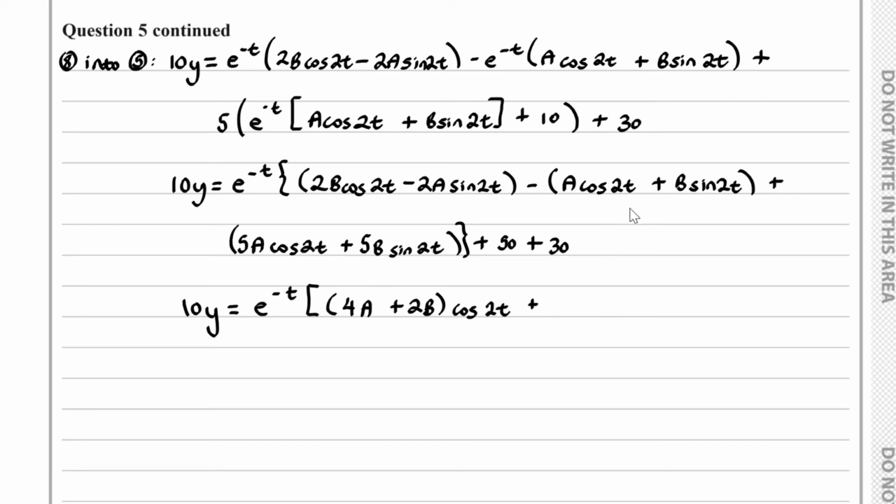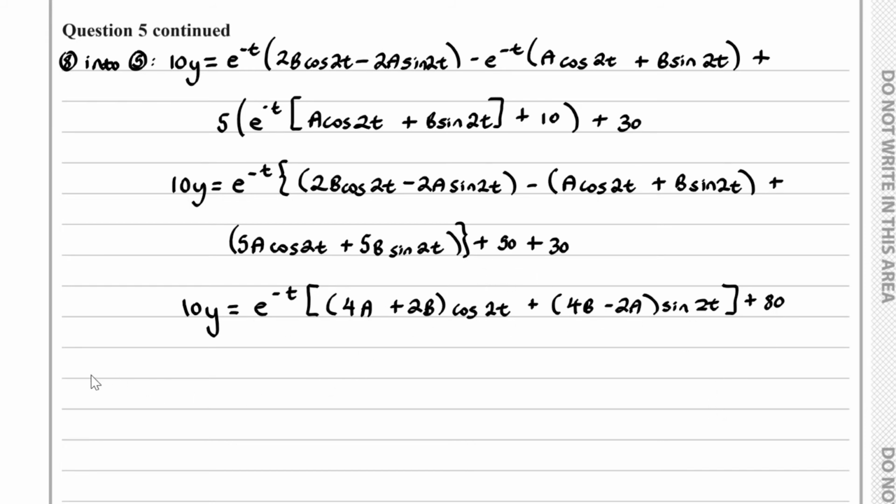And then in terms of sines, we've got minus 2a plus minus b plus 5b, so that will be 4b minus 2a sine 2t. And then we've got 50 plus the 30, which is 80.